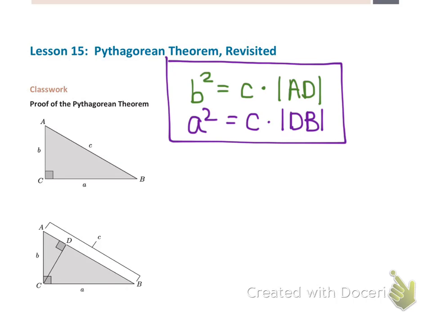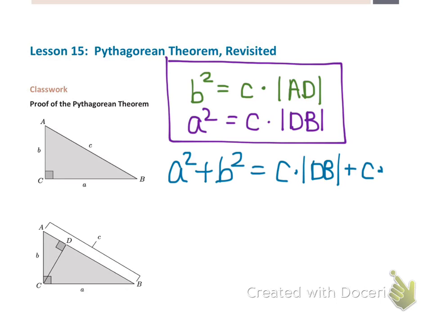So here we have B squared equal to C times length AD, and A squared equal to C times length DB. So we're going to put that together because in the Pythagorean theorem, we want A squared plus B squared. So A squared plus B squared is going to be C times length DB, and the B squared is just C times length AD.